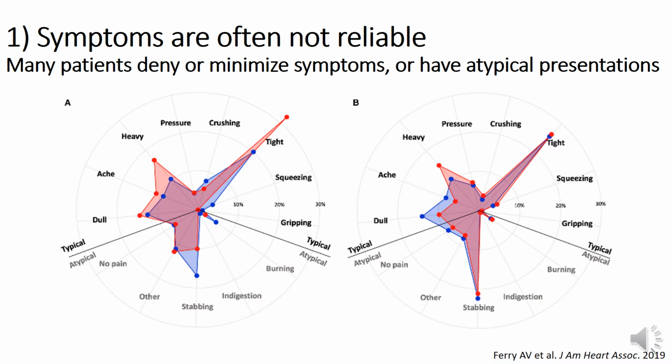On the right is the presentation in patients who end up having a heart attack, and it shows that a proportion of patients, predominantly women, present with atypical symptoms. On the left is the presentation in patients who end up not having a heart attack, and it shows that a more significant proportion of patients present with atypical symptoms and is equally distributed between men and women.